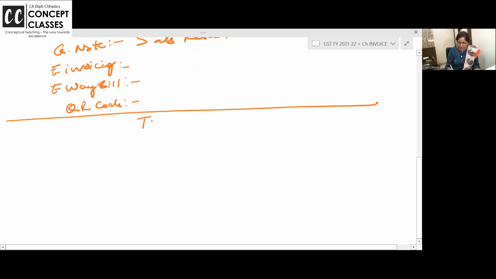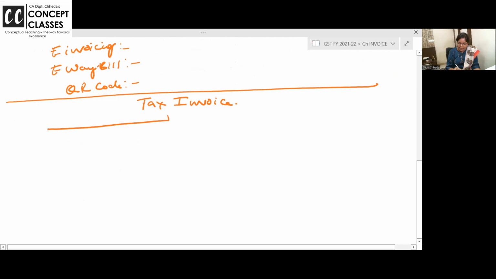Tax invoice. We are making a flowchart for this. We have already made these flowcharts in the levy chapter, but still I want all of you to make them again. Tax invoice in case of goods.